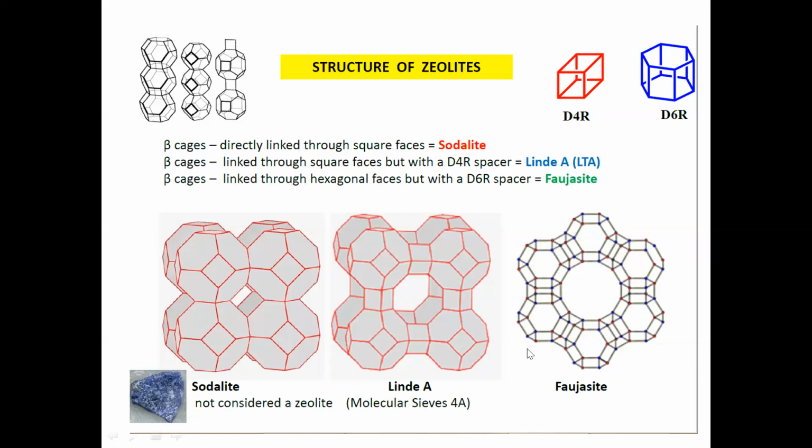If they are connected through hexagons, the cage in between actually increases in size. So in this way, you can start with the basic motifs, tetrahedra of silicon and aluminum, and you can start building materials with different porosities.